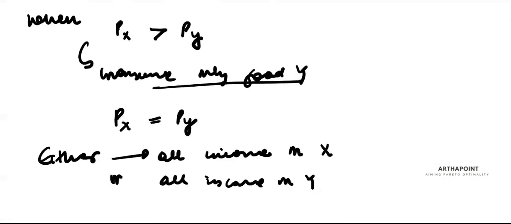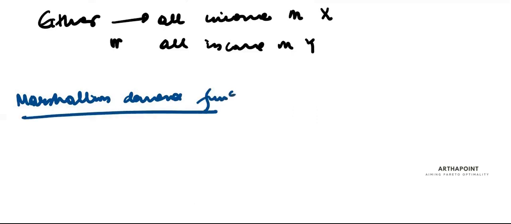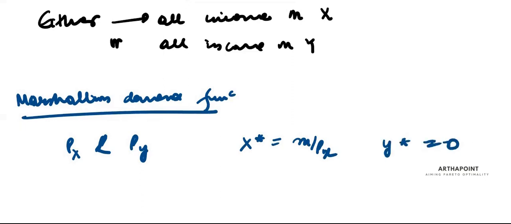So here, I can go ahead and solve it exactly like substitute goods. My Marshallian demand function will be: when Px is less than Py, X star is M by Px, Y star is 0.